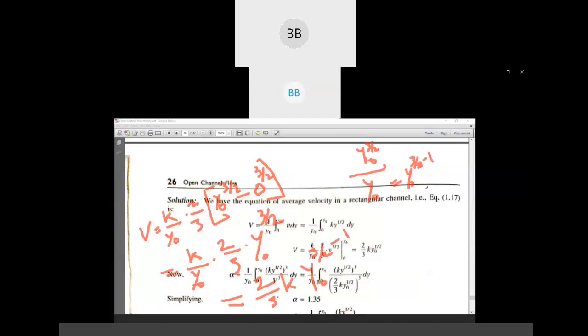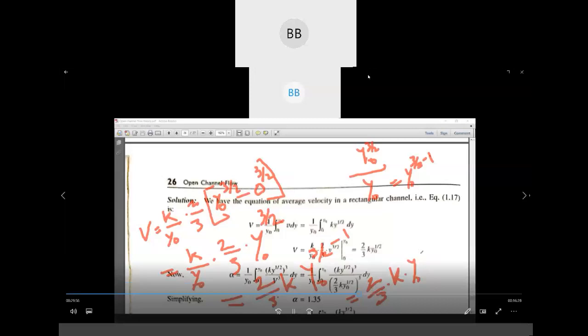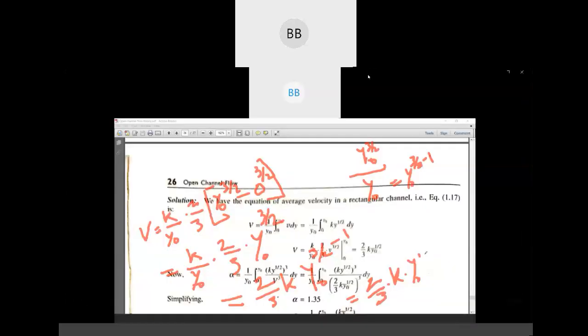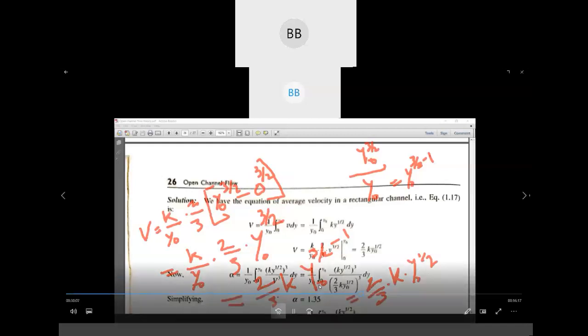So it will be again 2 by 3 multiplied by k multiplied by y naught to the power half. Understood? So your ultimate expression will be 2 by 3 k into y naught to the power half. So this is your final expression for your average velocity.